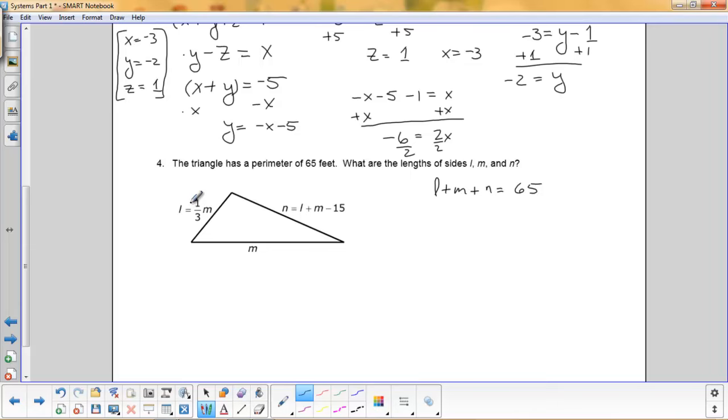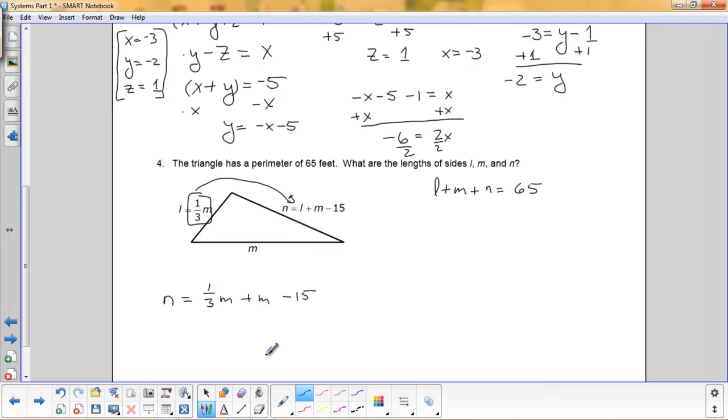I notice here that if I substitute L into here, I get an equation which only has M's in it. So that's my first step. N equals 1/3 M, because I'm substituting here, plus another M minus 15.